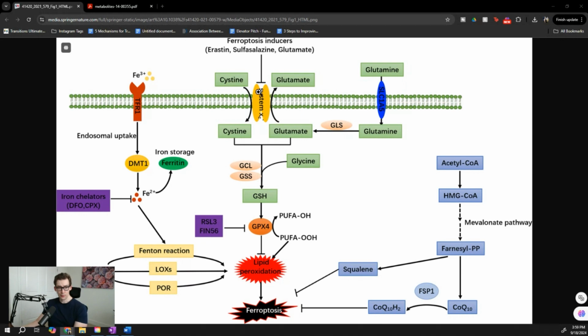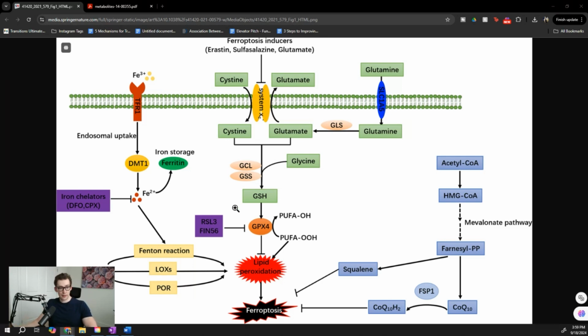Now, what's important here is that cysteine comes in and ultimately creates glutathione. Now, glutathione is then used by this glutathione peroxidase, this protein, to then fix or reduce the amount of reactive oxygen species, so these damaging molecules that are found within the cell.